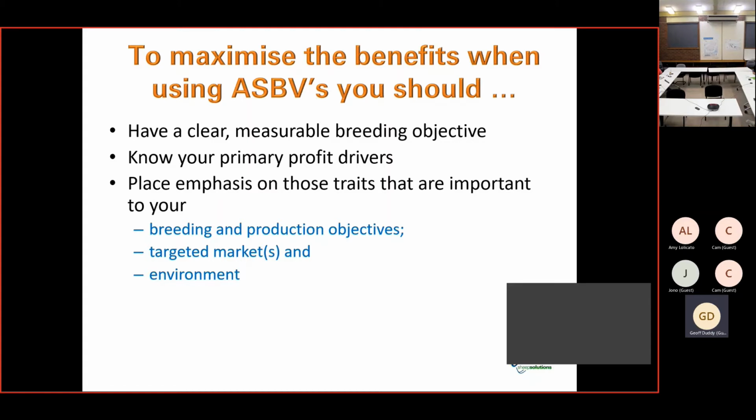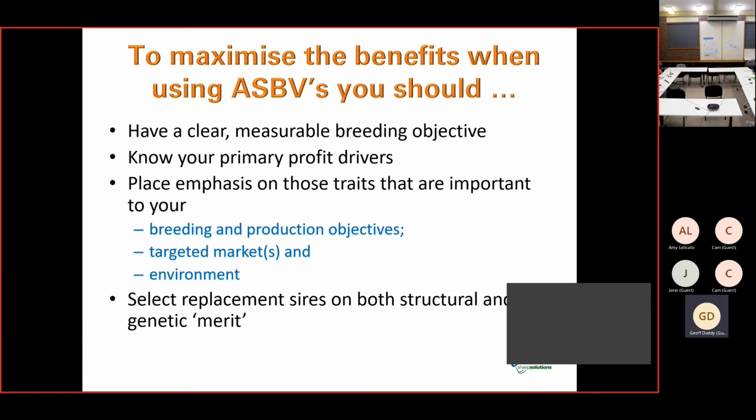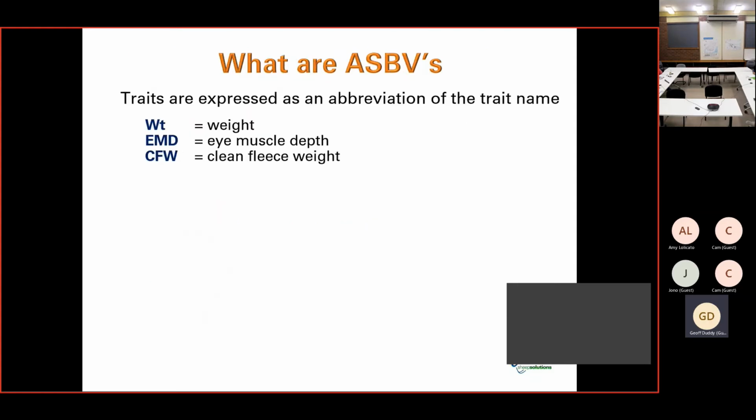If you can show that, plus you can also show that you've imprinted your stock to recognise grain, for example, prior to selling them, there's a big marketing advantage there, and you will get return buyers. As I mentioned before, select replacement sires on both structural and genetic merit. Okay, they have to be able to walk, they have to be able to work, they have to suit, if you're a wool-based operation, the style of wool that you're after.